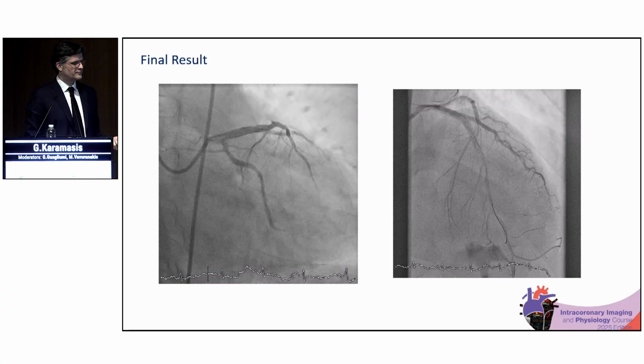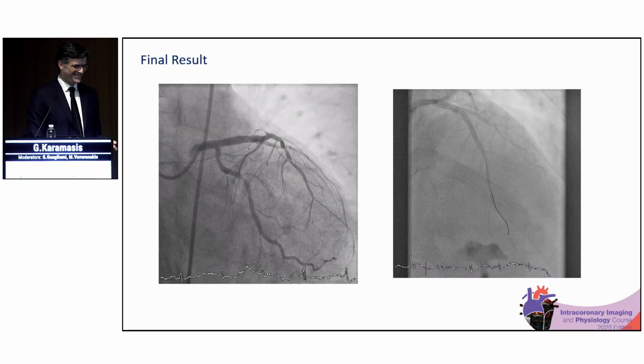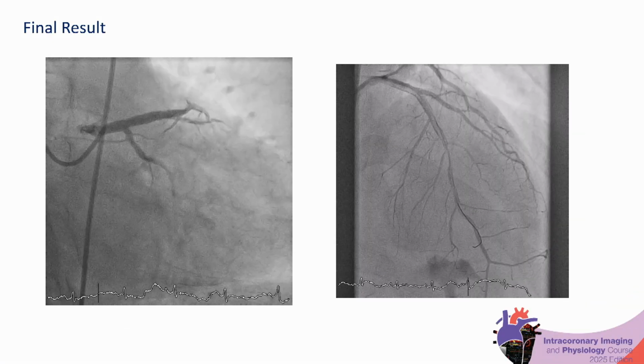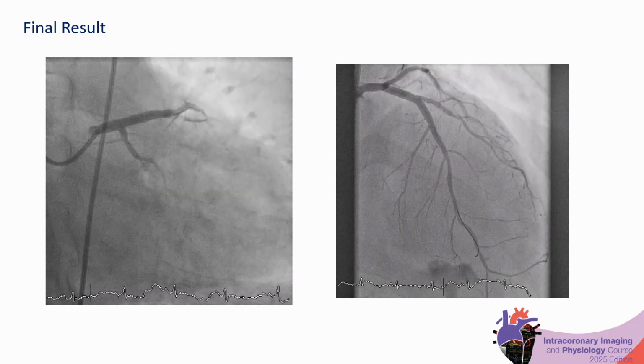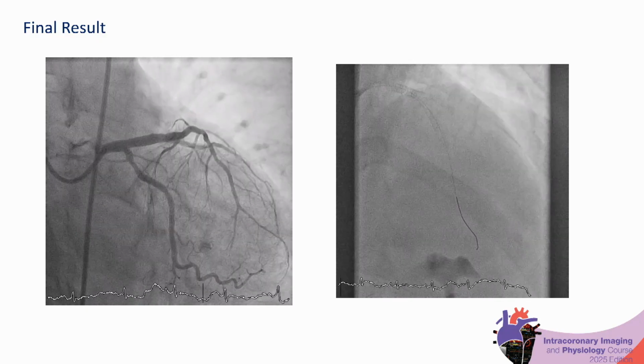Any comment? Congratulations. Congrats, Grigoris. I think that the game changer was that you tried to use the OCT from the beginning, so you understood from the beginning that the stent was distorted. But if it wasn't available, do you think that the enhancement tools like stent boost could help?